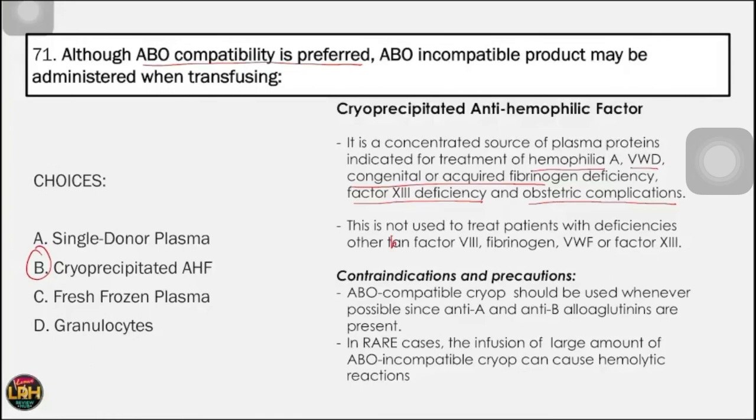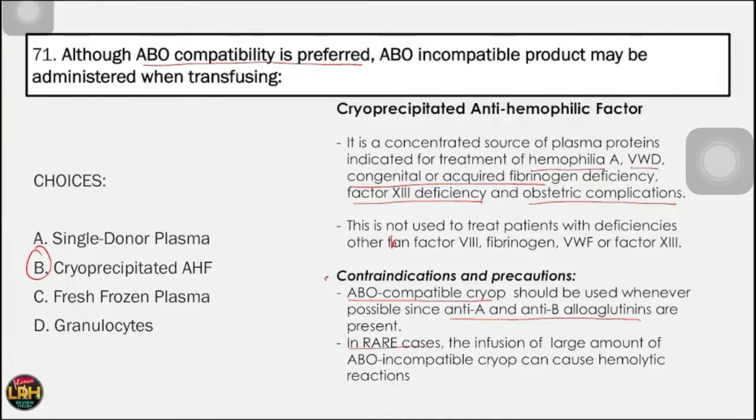So, what are the contraindications and precautions when using cryoprecipitated AHF? It is preferred to use ABO compatible cryo whenever possible, since anti-A and anti-B alloagglutinins are still present.